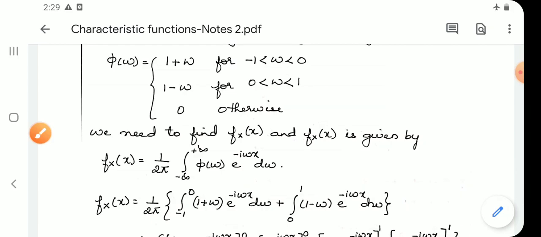Since we know phi of omega is nothing but the Fourier transform of fx of x, if we have to find fx of x, we have to take the inverse Fourier transform of phi of omega.